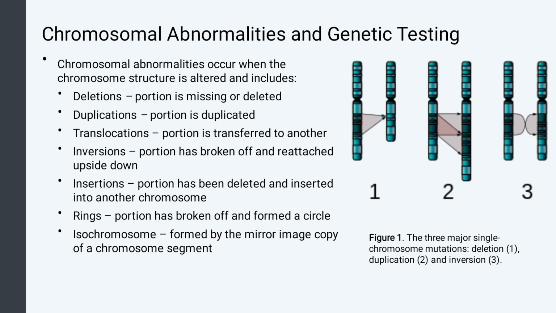So what is the difference between translocation and inversion? In translocation, a portion of the chromosome is transferred to another chromosome, and from there it is gone. However, in inversion, a portion has broken off and reattached upside down.